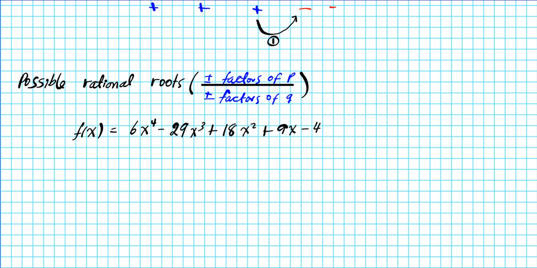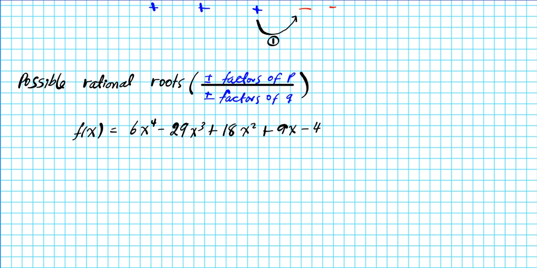Okay, so what is p and what is q? P is always the constant, and q is the leading coefficient. Okay, so you always have to make sure that you have a constant term there.